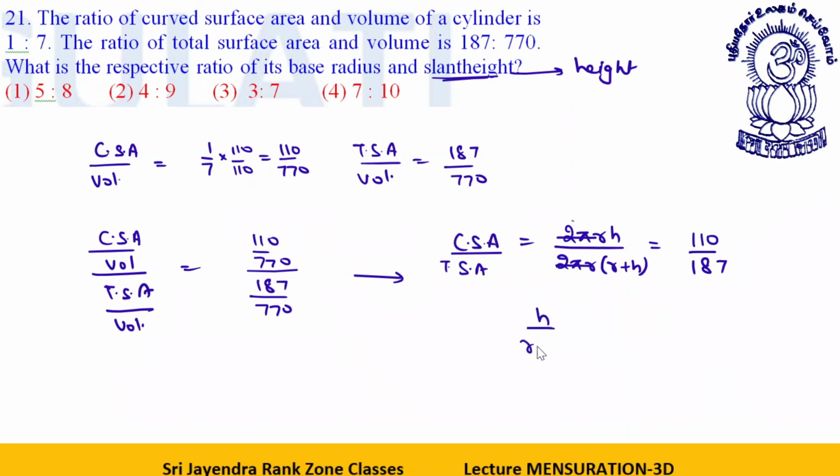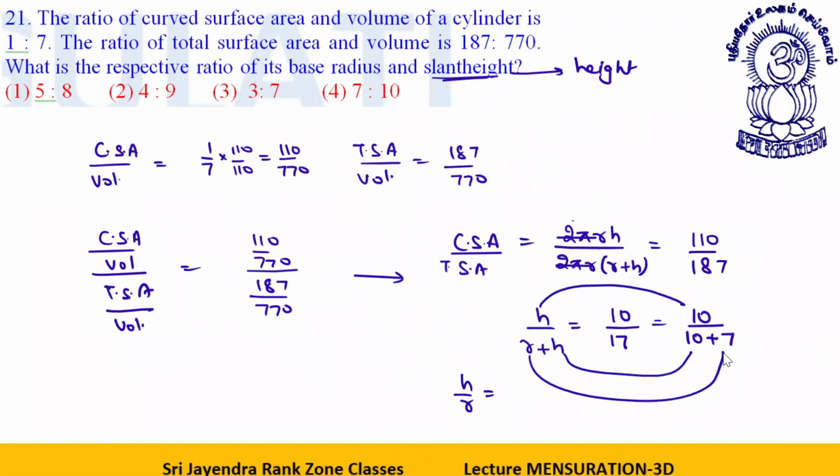H upon r plus h is equal to 10 upon 17, or I can say 10 upon 10 plus 7. So h by r will be what? H is 10, so r will be 7. What is the respective ratio of base radius and height? So from here I can say r by h will be 7 by 10. Option number 4 is the answer.